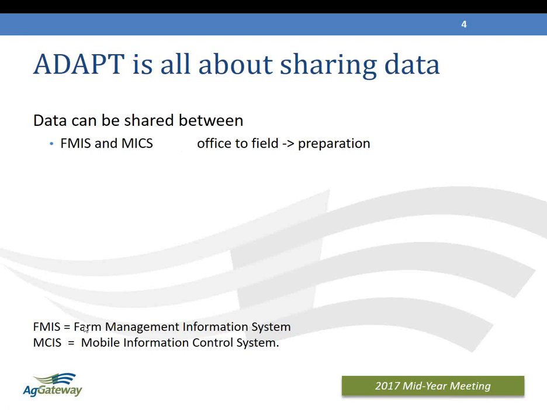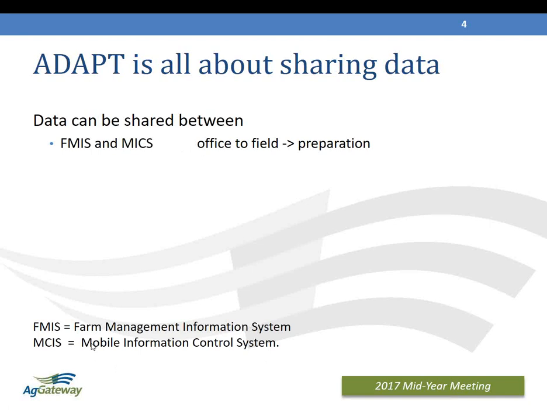FMIS, you'll see that acronym all over, is a Farm Management Information System. Typically, that's the application that's available at your desktop in the office and helps you understand, analyze, plan, etc. information related to your production.